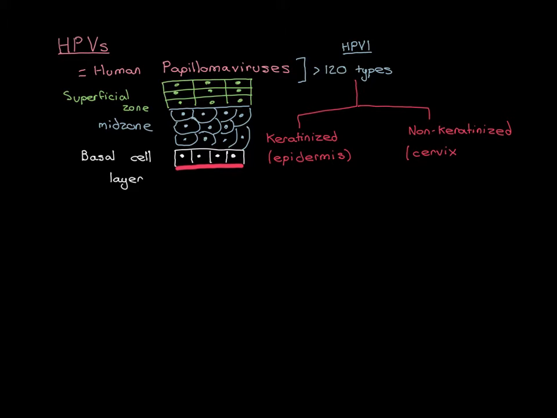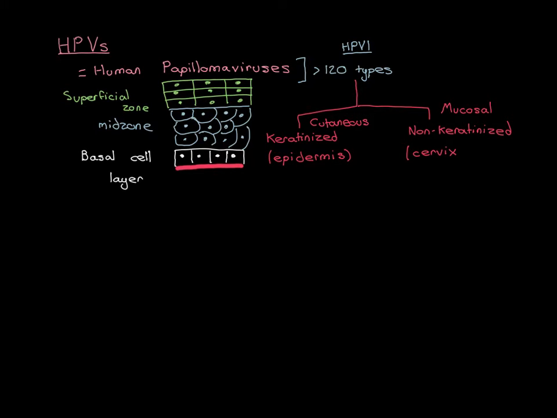So, I'd now like to give you some more examples of non-keratinized squamous stratified epithelia, and there's another term that people often use for them, and that term is mucosal squamous stratified epithelia. We can also call keratinized squamous stratified epithelia cutaneous squamous stratified epithelia, which of course just means pertaining to the skin.